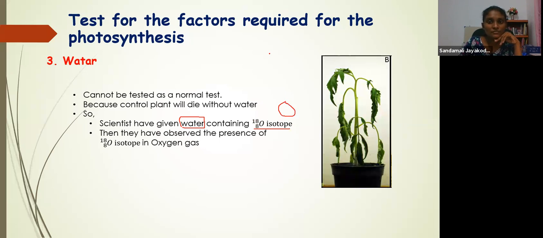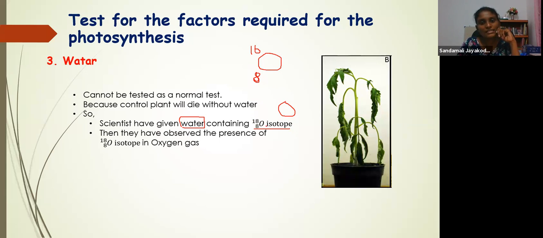The normal oxygen atom we know is oxygen-16. But this is somewhat different. This is a radioactive oxygen atom.